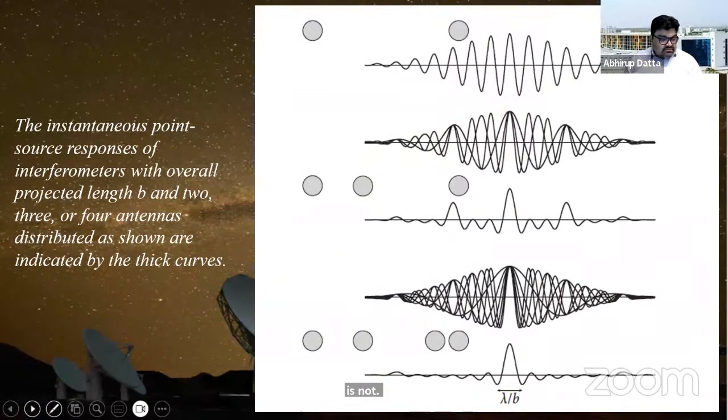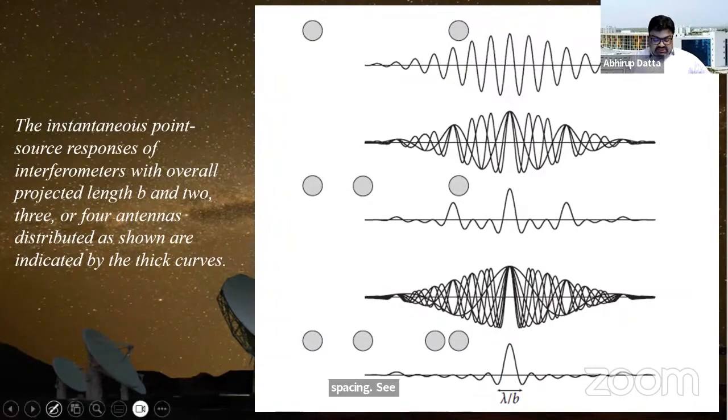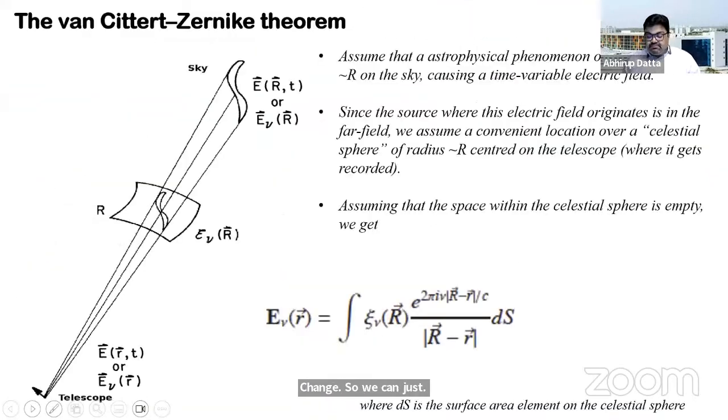Anything so far? Okay. So for different sources at different spacings, you see different fringes. So we can just go ahead.